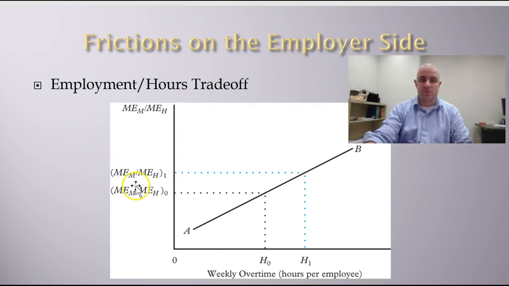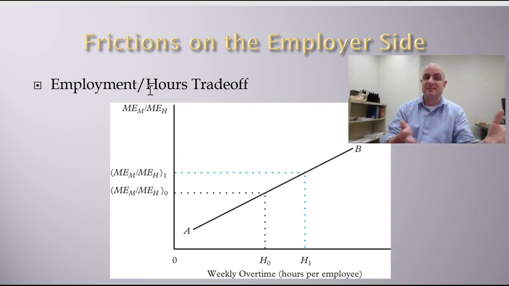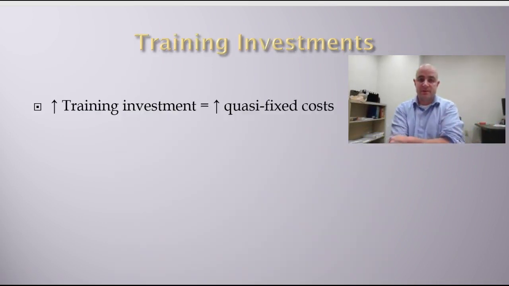So you have the marginal expense of M, which is employment, and the marginal expense of hours. So you want that ratio to be the same at the profit maximizing level. And this just goes back to what we were talking about previously.